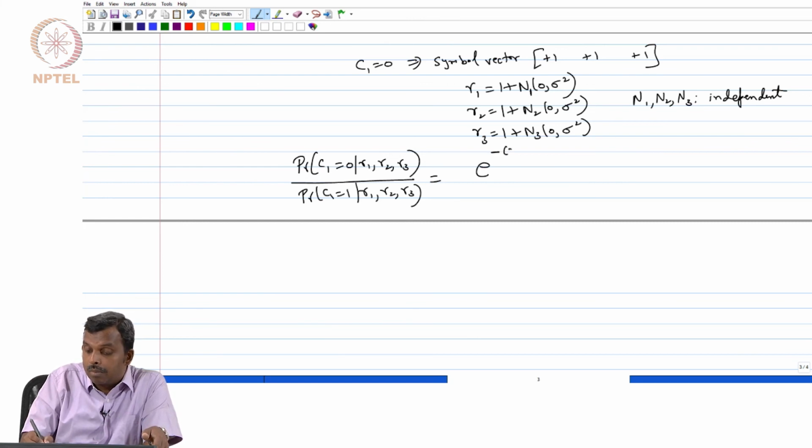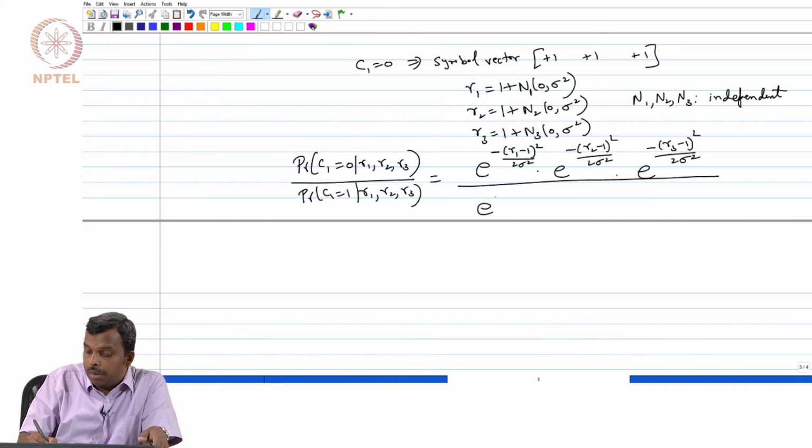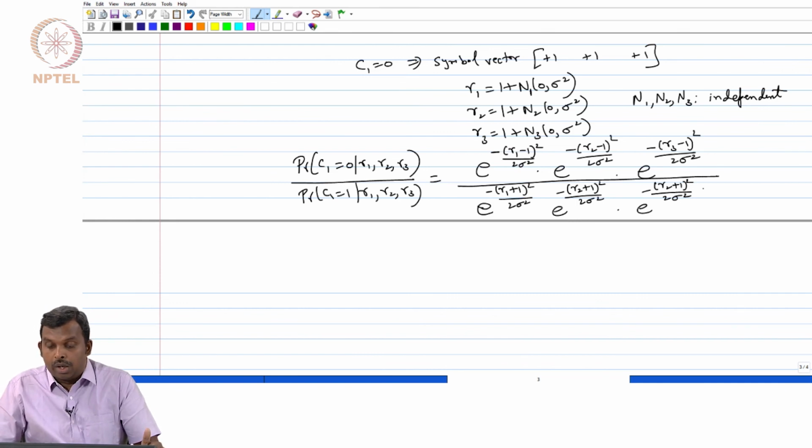Minus R1 minus 1 whole squared by 2 sigma squared, e power minus R2 minus 1 whole squared by 2 sigma squared, e power minus R3 minus 1 whole squared by 2 sigma squared, divided by e power minus R1 plus 1 whole squared by 2 sigma squared, e power minus R2 plus 1 whole squared by 2 sigma squared, e power minus R3 plus 1 whole squared by 2 sigma squared. Okay. All right. So, that was easy enough.